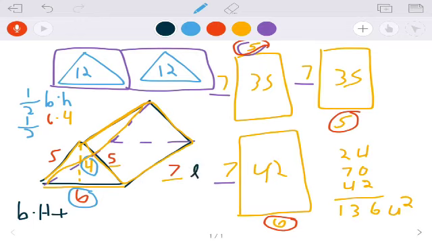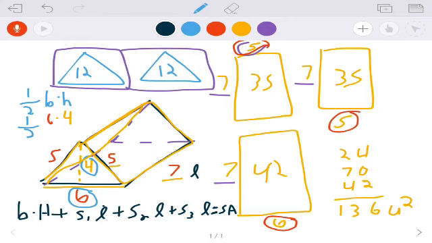So it's going to be plus side 1 times length plus side 2 times length plus side 3 times length will give us the surface area of this triangular prism. And again, right here, normally it's 1/2 base times height, but there's two of them, so it's 1/2 base times height plus 1/2 base times height, which just ends up being base times height right here. And there we go. That's how we do it.